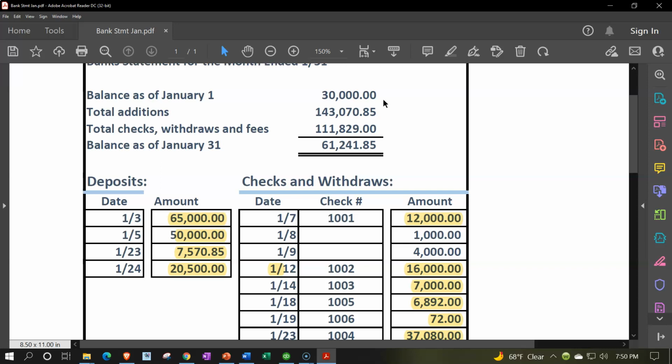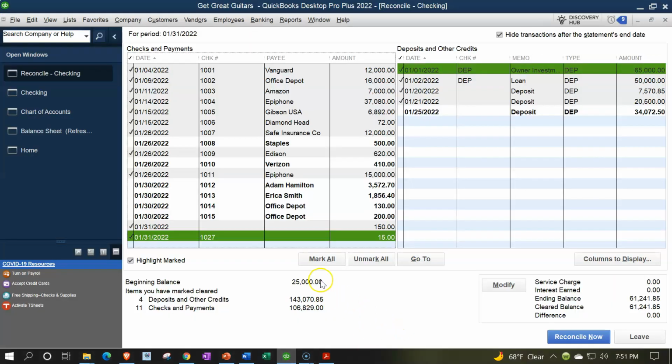So there's a $5,000 difference, and of course that 5,000 difference is represented down here by the two items that make up the outstanding checks from the prior time period that aren't in the system. So you could then note that, and you could just reconcile right now and say, okay, well, my beginning balance doesn't tie out, but that's because of those outstanding checks that aren't in this system, and I'm still reconciling, so everything would be good to go forward from here.